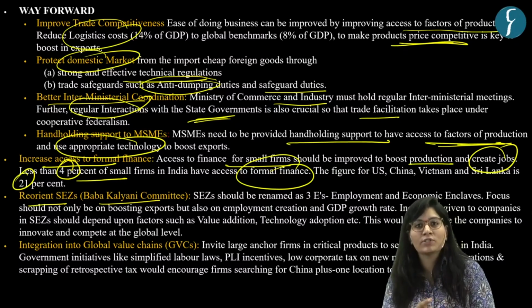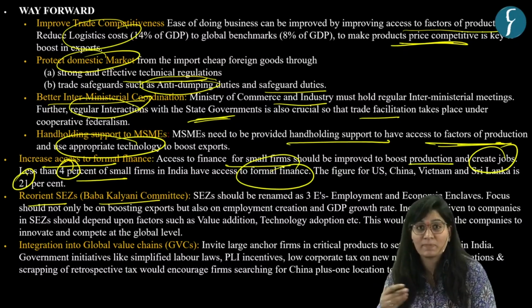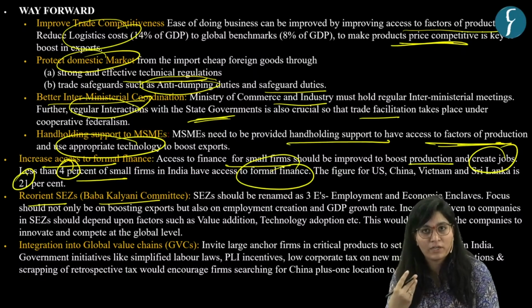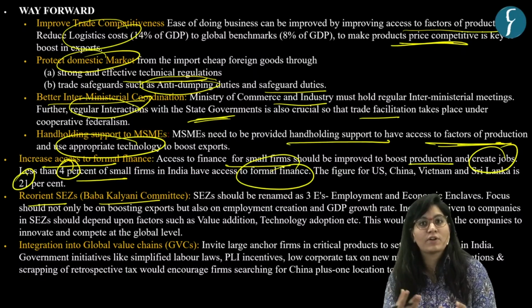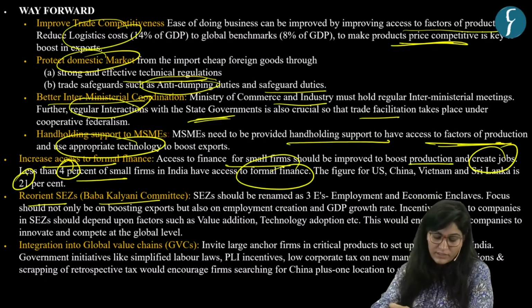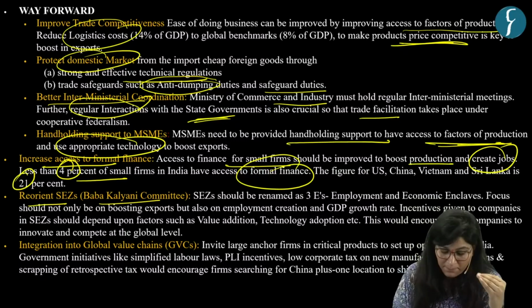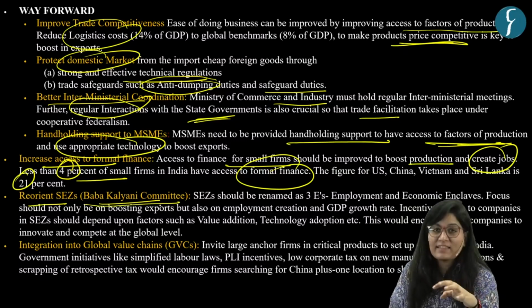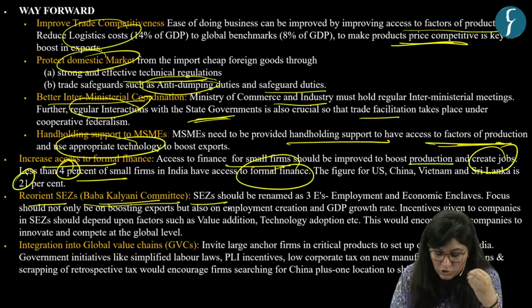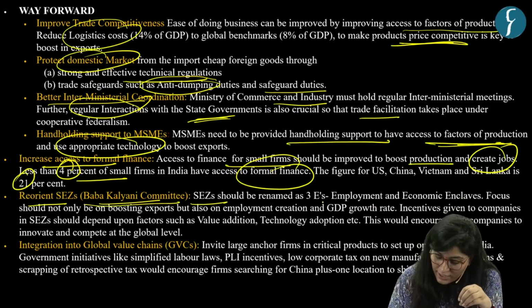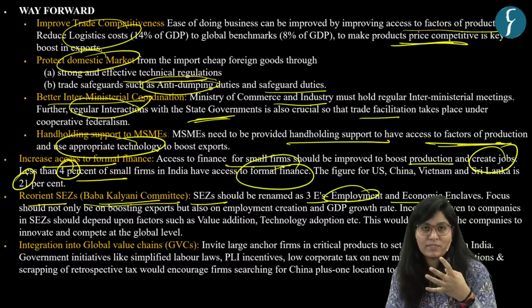Okay, so you need to have notes of specific committees or specific facts or specific reports for your answer. So here, an important committee is the Baba Kalyani Committee, and this committee recommended that SEZs should be renamed as M3Es, that is, employment and economic enclaves. Why?